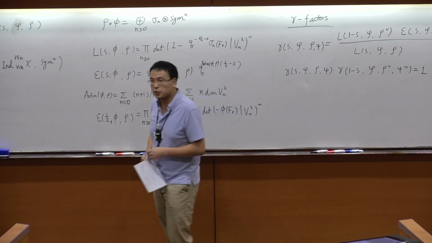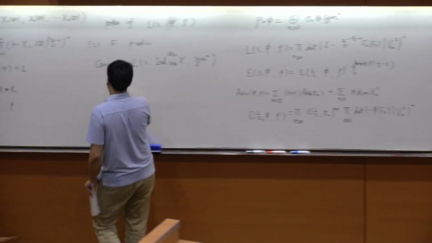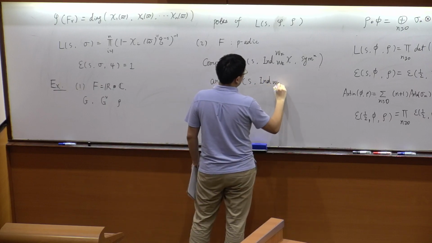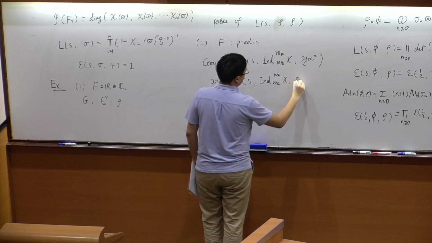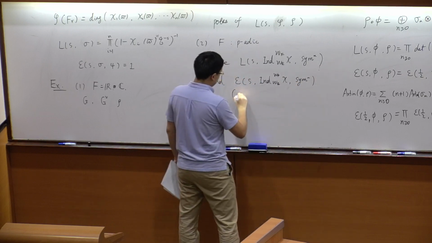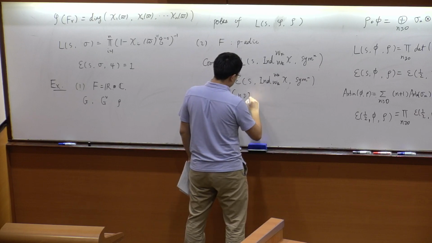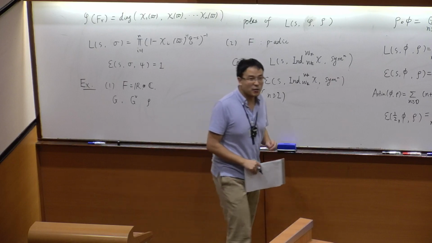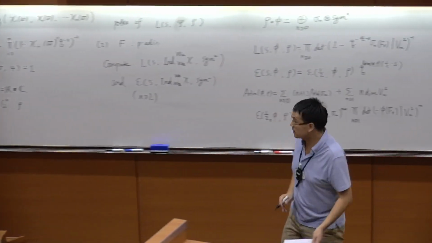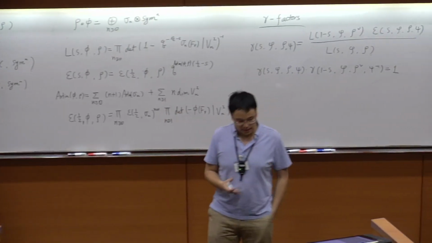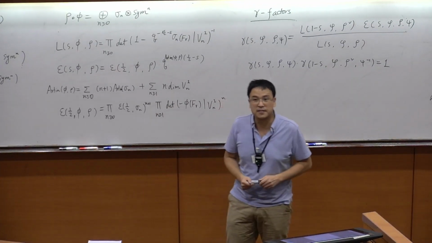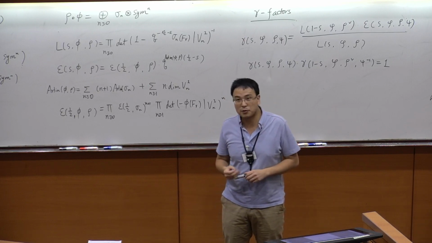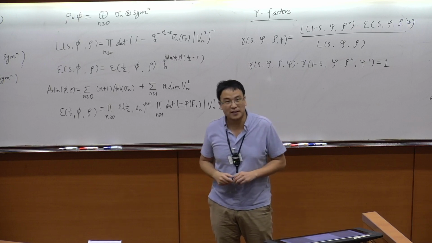But if you take n bigger, it turns out this is not that bad. And you can actually write down these epsilon factors in terms of the epsilon factors of GL1, the character case. Okay. And if you have all of this, you can write down the gamma functions for all the symmetric nth powers of the local GL2.